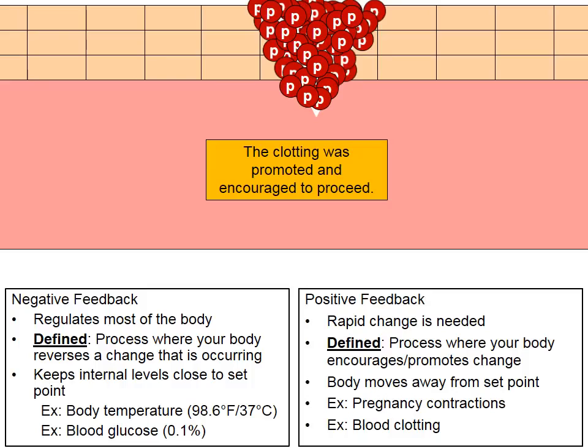But again, a great example of positive feedback because the change was encouraged. The clotting was encouraged and allowed to proceed at an even faster rate. It wasn't turned off.